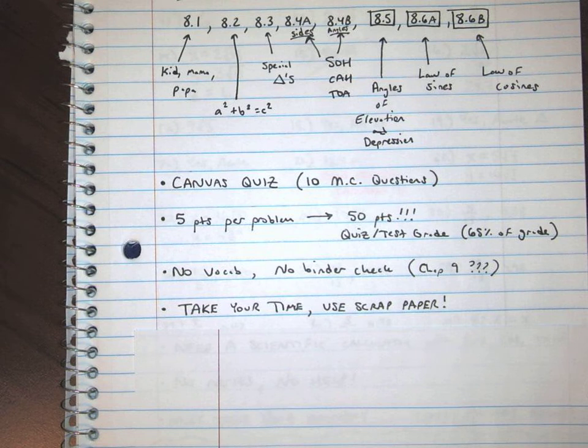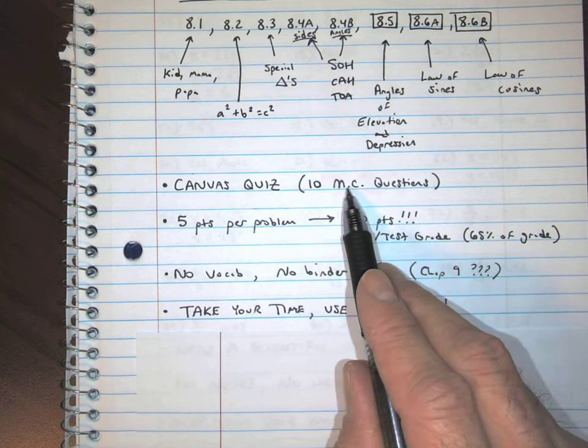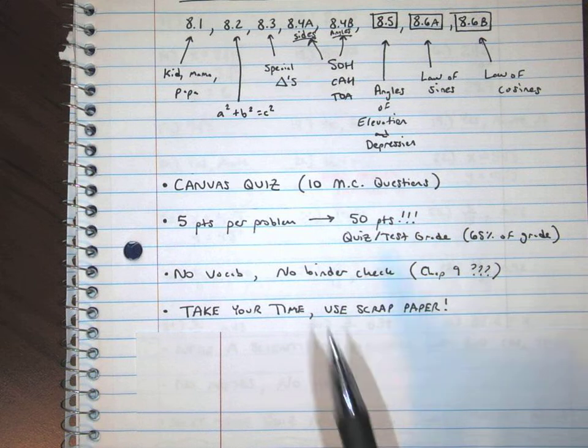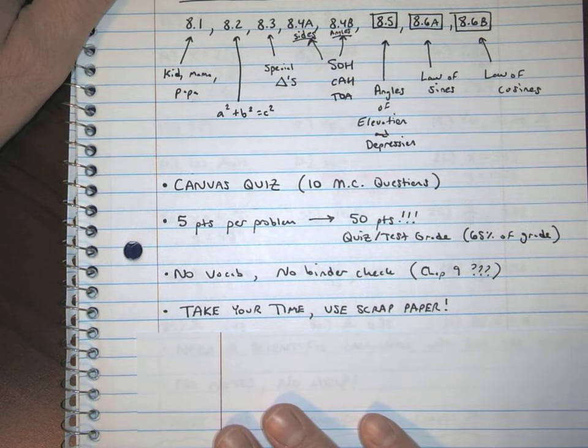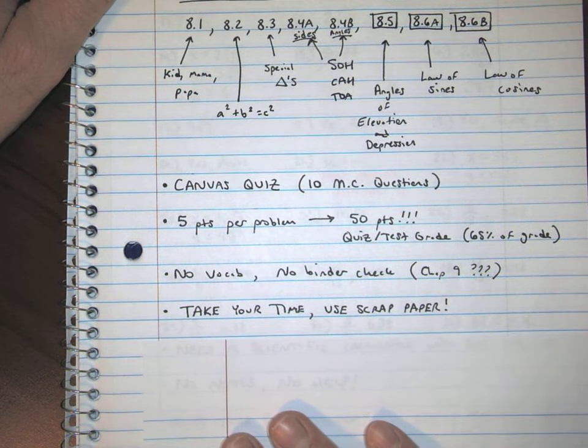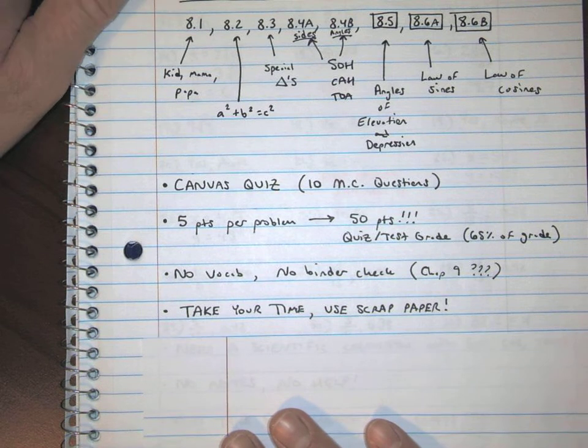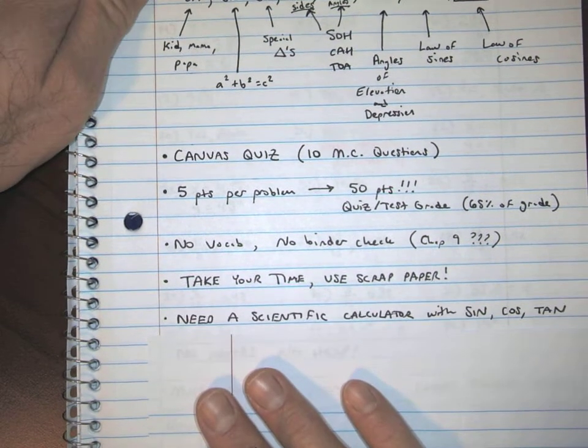There's going to be a couple of you out there that are going to take this 10 problem multiple choice quiz and be done in about 4 minutes. Why? Because you're just going to go through and click B, D, A, C. It's the stupidest thing. Don't do that. Take your time and use scrap paper. I really hope you all take that advice to heart.